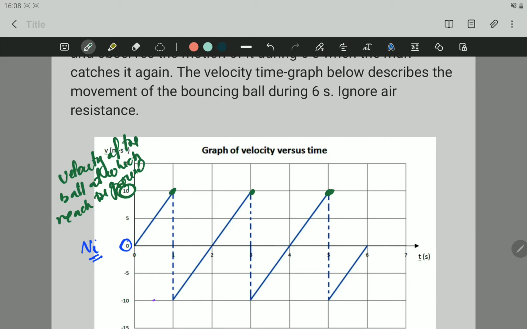In this specific question it is the same, but not necessarily they are going to be the same. In this question it is the same and it's 10 meters per second. So that is the velocity at which the ball reaches the ground.